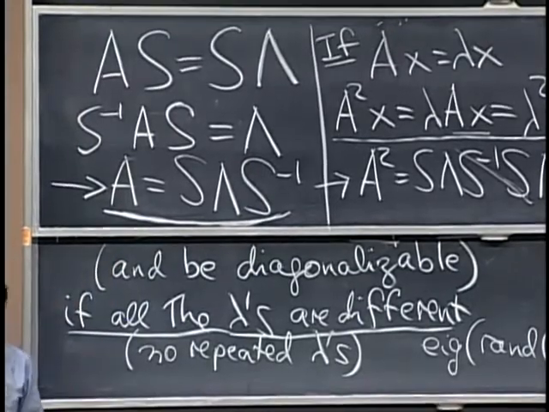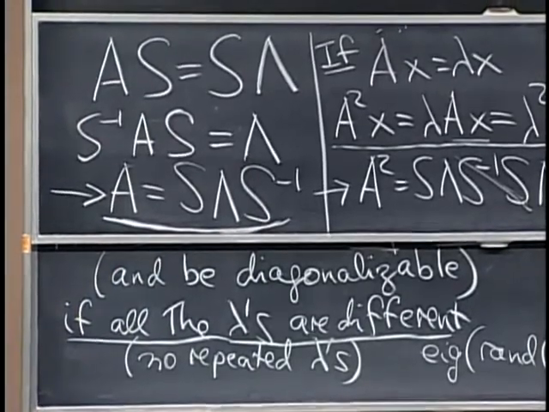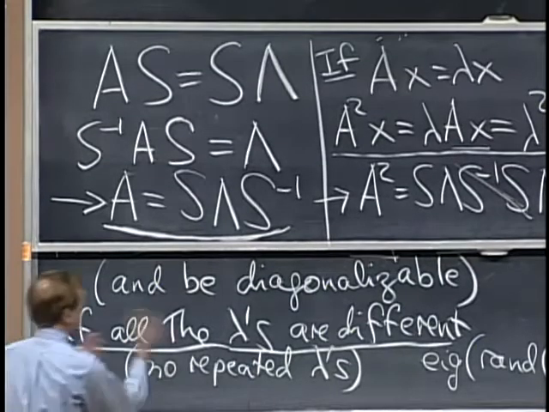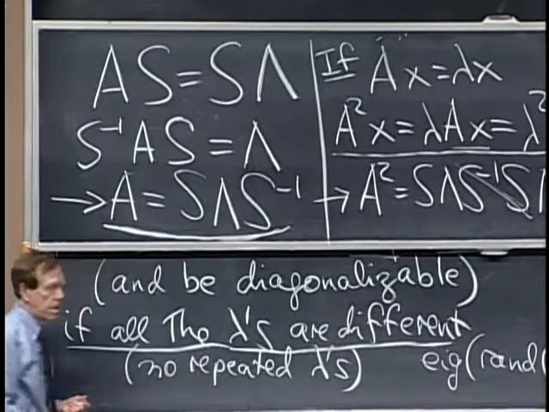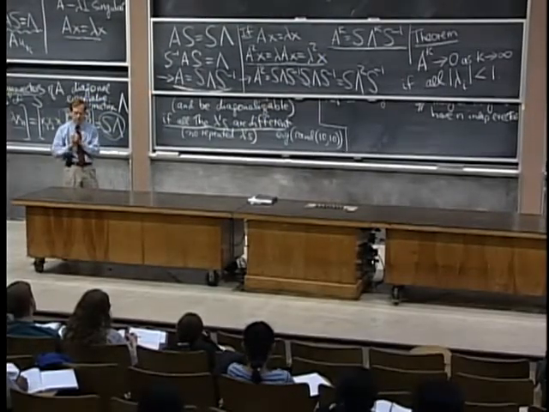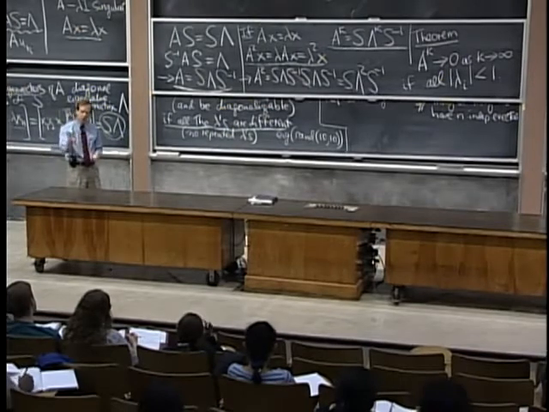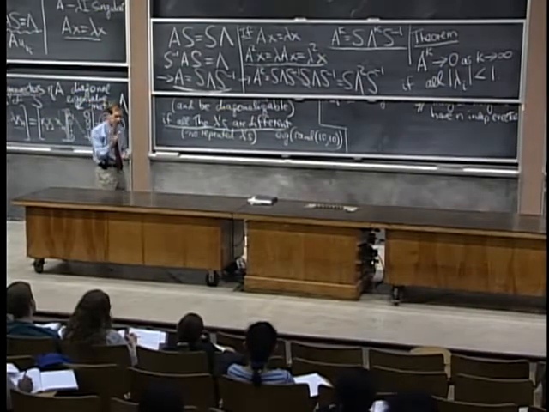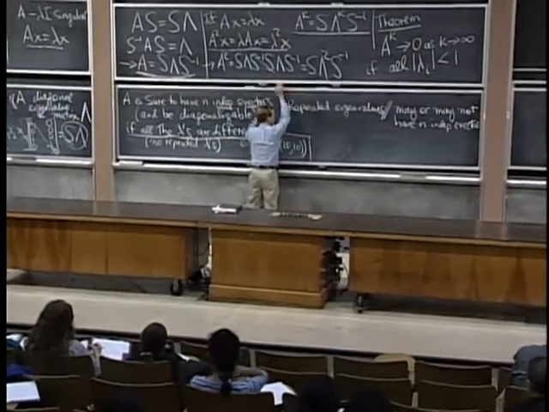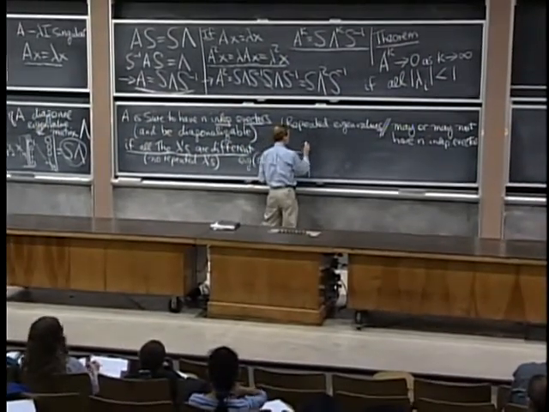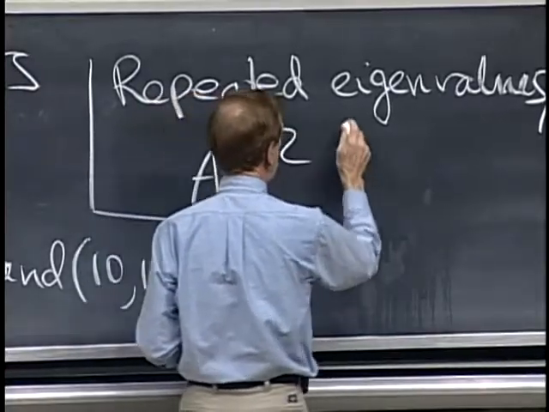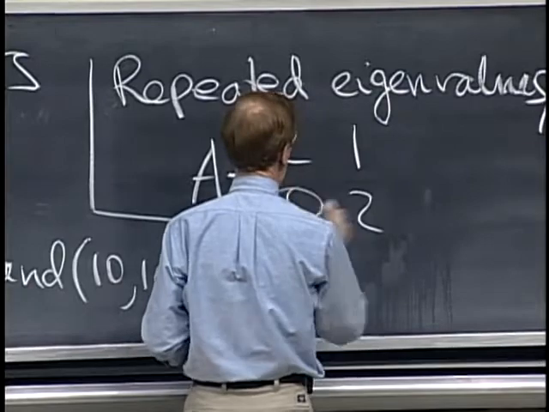The matrix was already diagonal. So if the matrix is already diagonal, then the lambda is the same as the matrix. A diagonal matrix has its eigenvalues sitting right there in front of you. Now, if it's triangular, the eigenvalues are still sitting there. So let's take a case where it's triangular. Suppose A is like 2, 1, 2, 0.